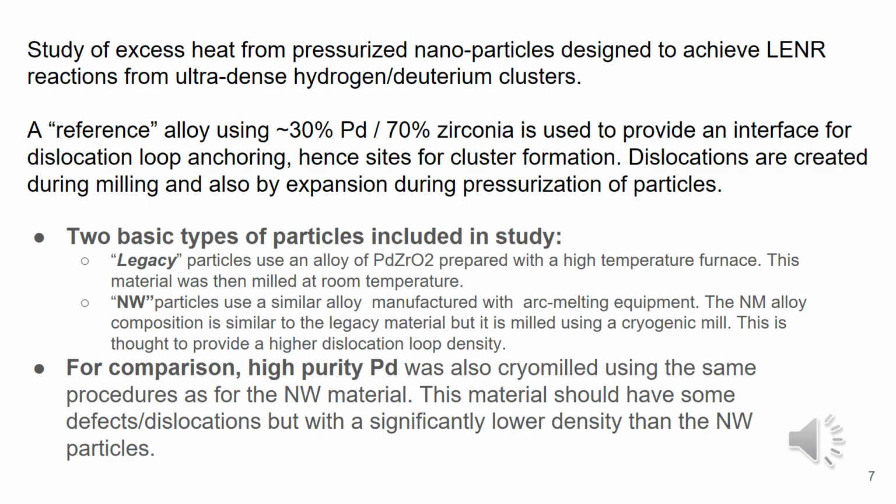What we call NW particles, new particles, were formed with an arc melting, and then they were milled in a cryogenic mill. That is thought to provide a higher dislocation loop density, and the results tend to show that's true.